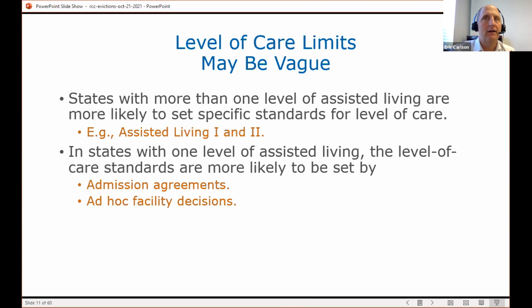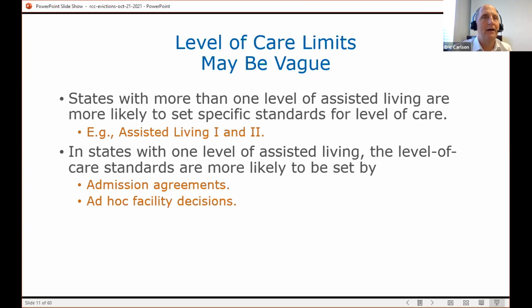And it's more likely that the level of care standards and the lines drawn within those standards to be set by, for example, admission agreements, or unfortunately by these ad hoc facility decisions. The facility just feels like they have the discretion to decide.